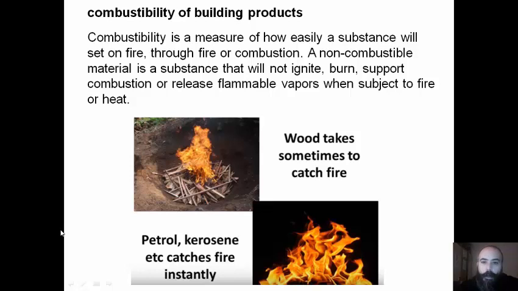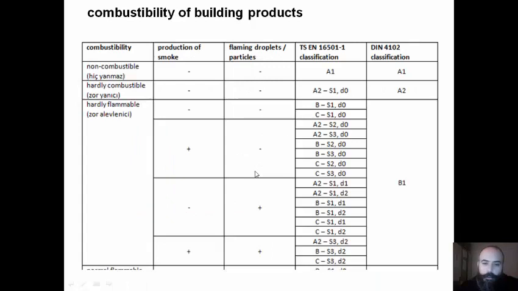Combustibility is a measure of how easily a substance will set on fire, through fire or combustion. A non-combustible material is a substance that will not ignite, burn, support combustion, or release flammable vapors when subject to fire or heat. We have a classification according to the combustibility of building products, like non-combustible.